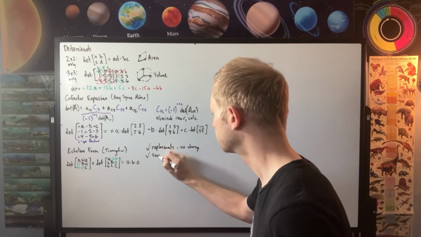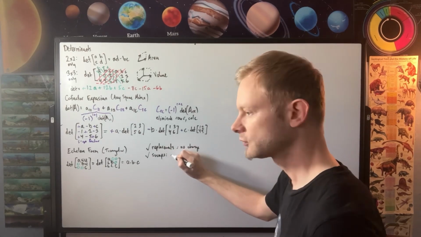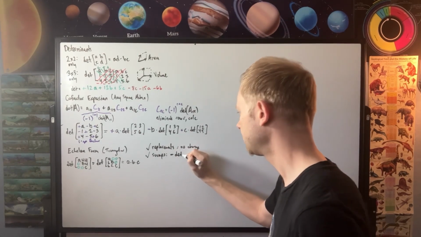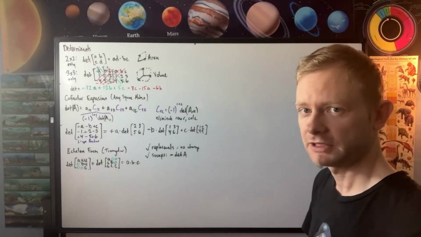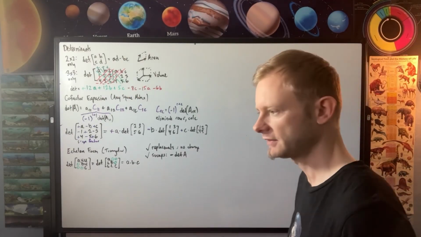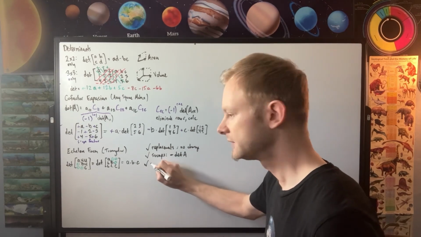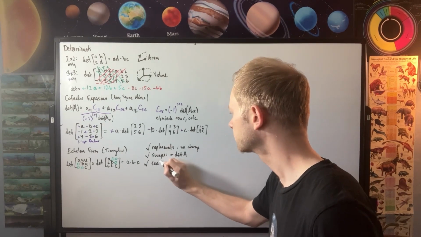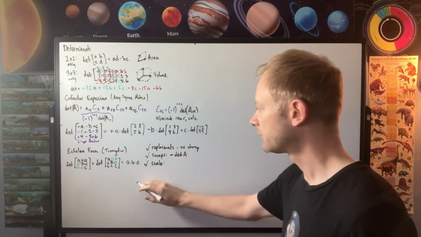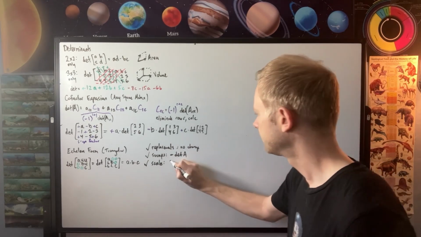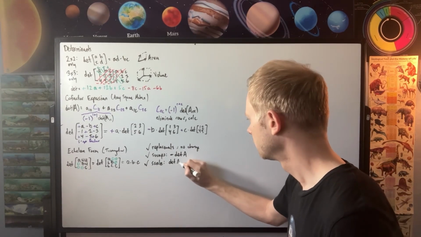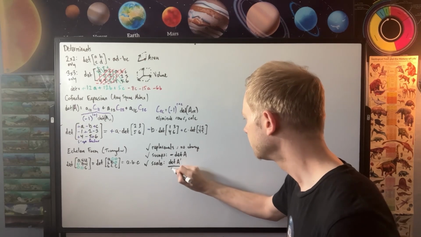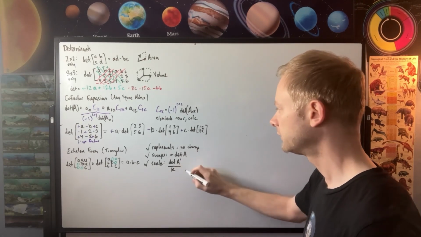Or you could try doing some swaps, but you have to keep track of them, because that's going to get you a negative determinant. So you're going to need to reverse that once you get to the final answer. The third one is you could also try doing some scaling. If you scale one of the rows, then at the end you're going to need to divide the determinant by what you just scaled it by.